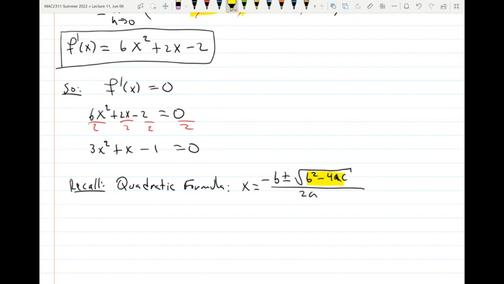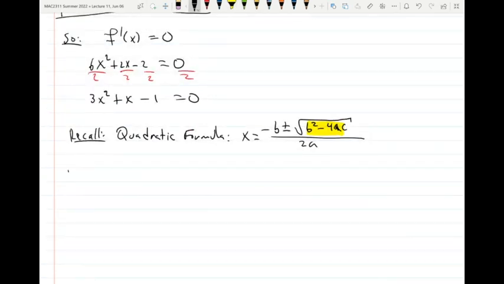And if you get a negative number, you already know that there are no real solutions, so you're not going to find any horizontal tangent line. If you get 0, then you know there will be only one solution, namely negative b over 2a. And if you get a positive number, then you know you will get two solutions, one with the plus and one with the minus. Do you understand this? So it's a good idea to always compute that one first. I like to call it D for discriminant. That's typically how we call it.